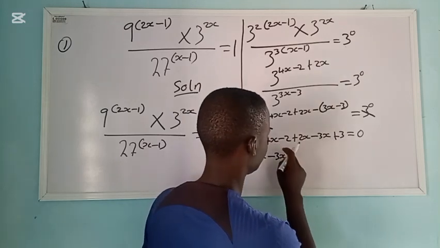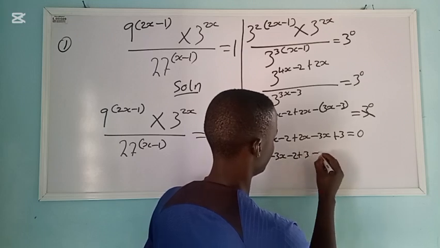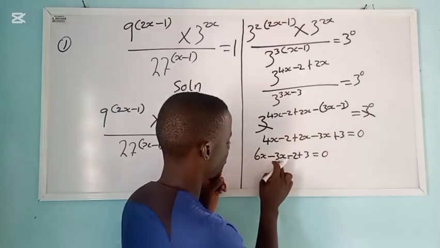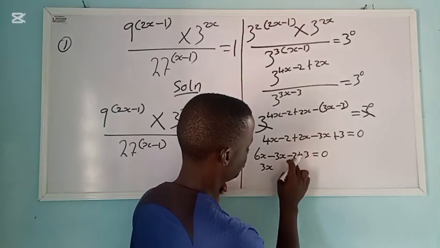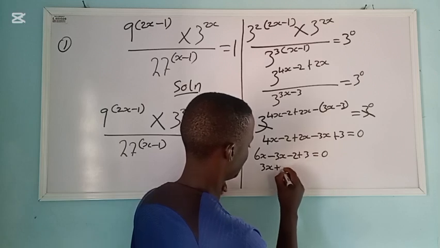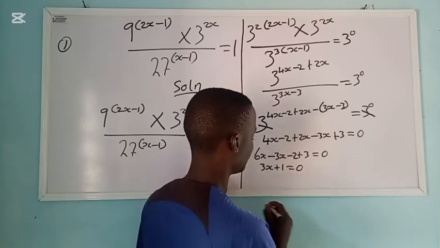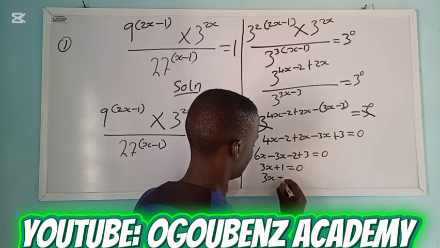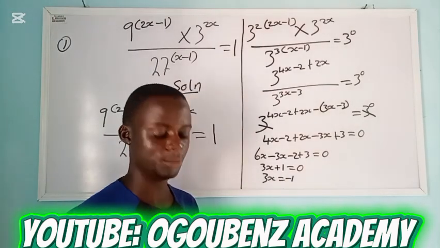So now I have minus 2 plus 3 is equal to 0. So now 6x minus 3x, we have 3x, then minus 2 plus 3, you have plus 1 is equal to 0. Now you have 3x is equal to minus 1, because when the plus 1 crosses, it will become minus 1.